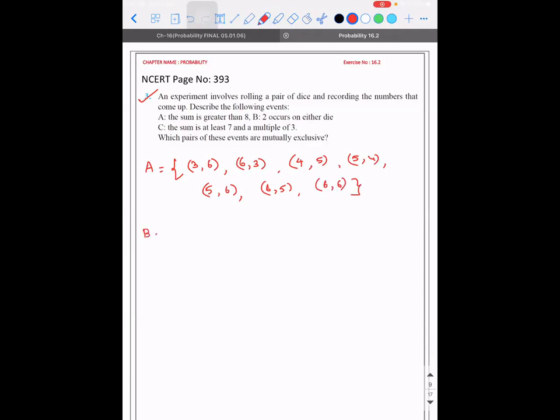Well, then what about B? 2 occurs on either die.